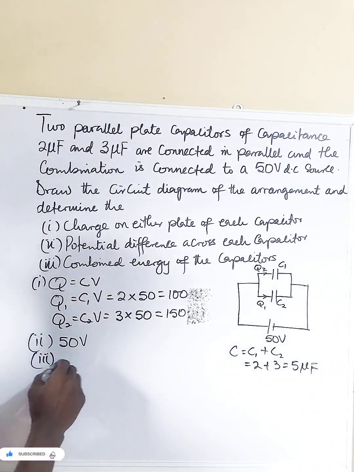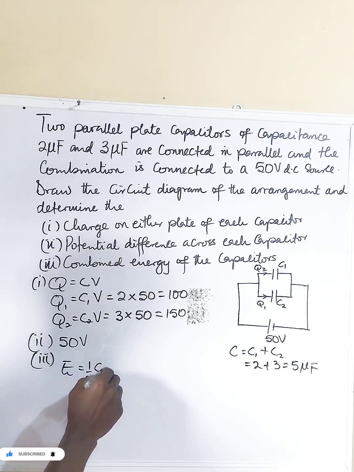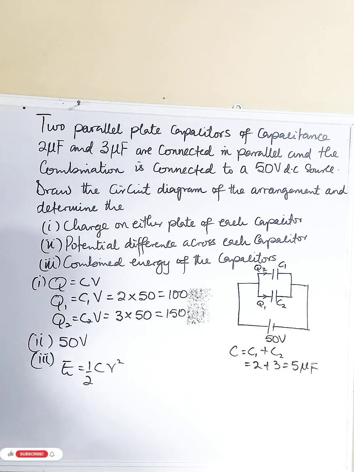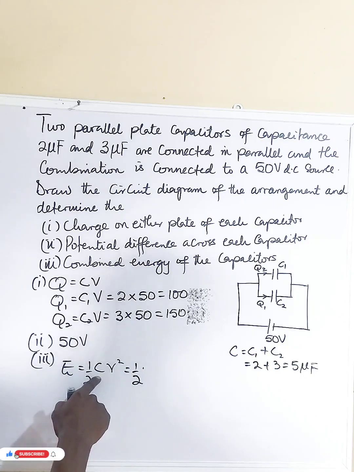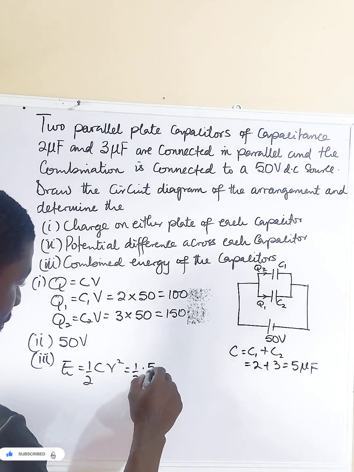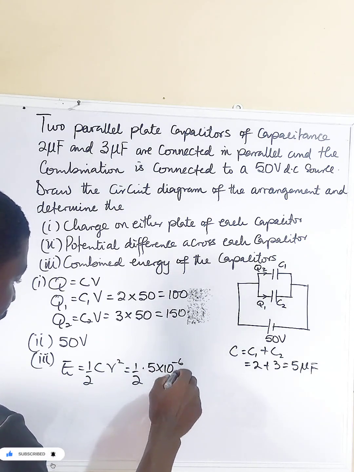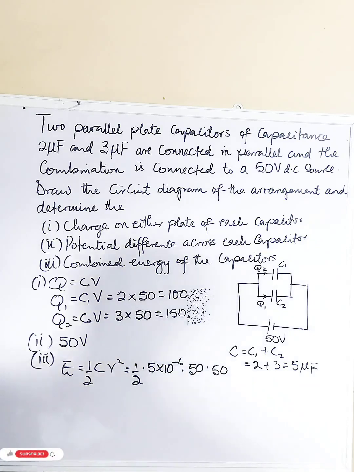And for the energy, E equals 1 over 2 CV squared. Now 1 over 2 times our combined capacitance, which is 5, take note, times 10 to the power minus 6, times 50 times 50.